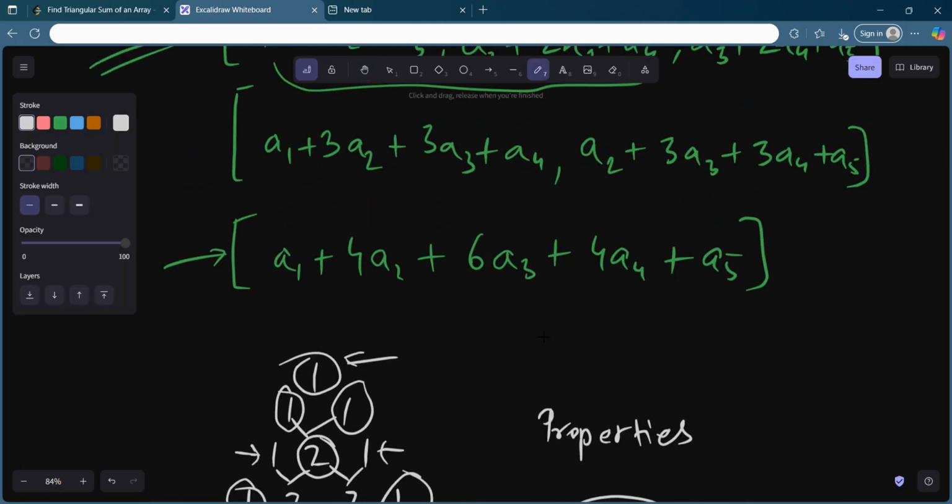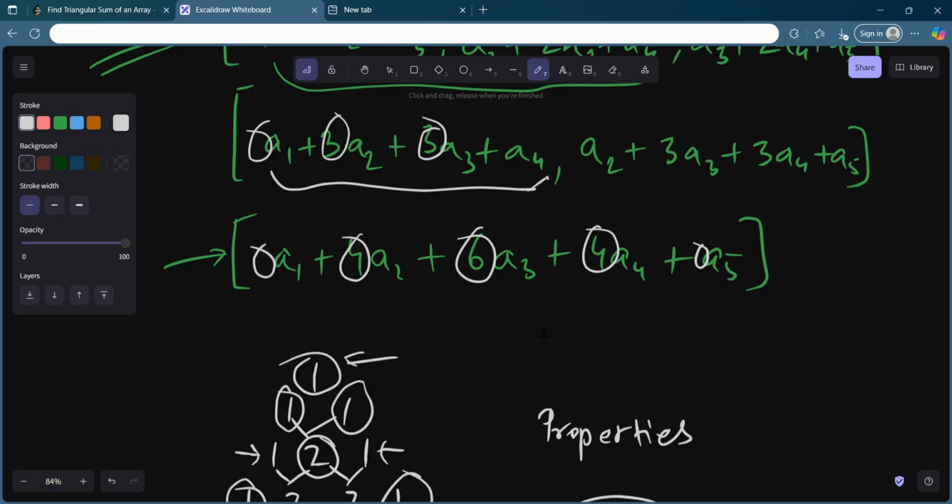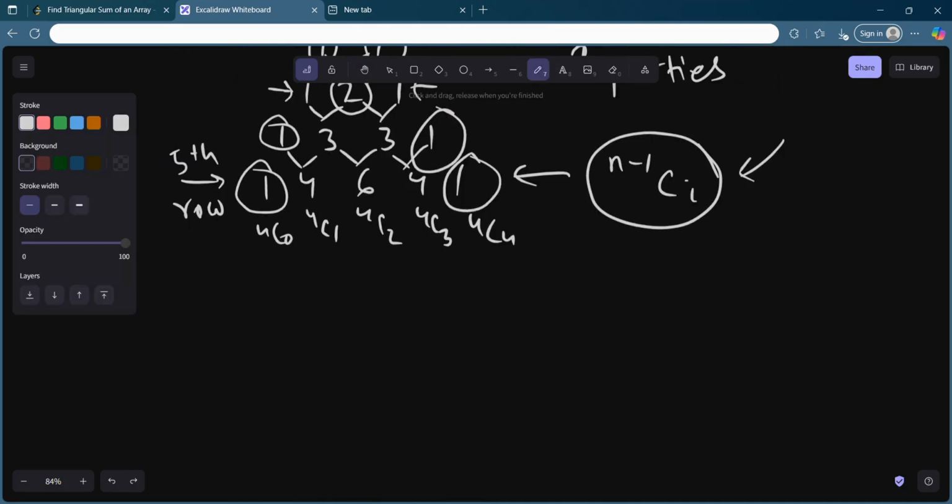So the coefficients are 1, 4, 6, 4, 1, and if you see the previous row, it was 1, 3, 3, 1. So what is happening is that if you are initially given elements A1 up to AN, you can construct a Pascal triangle of AN, and your final element will be something like this.